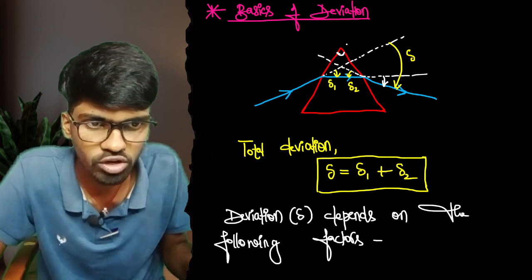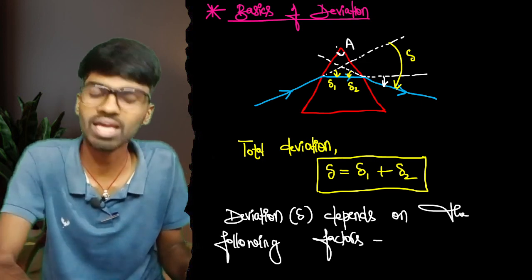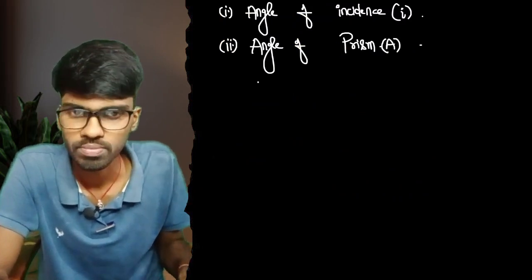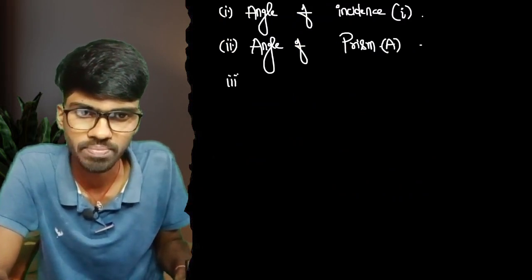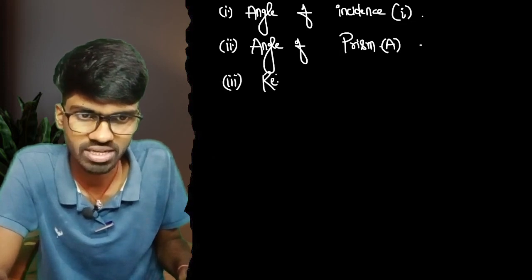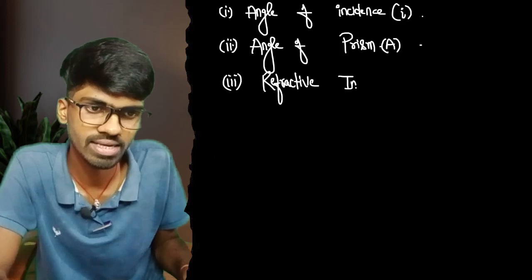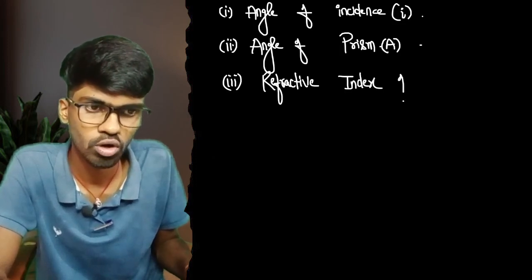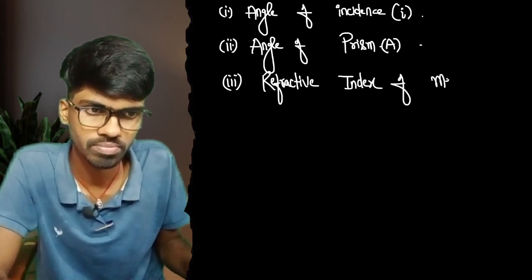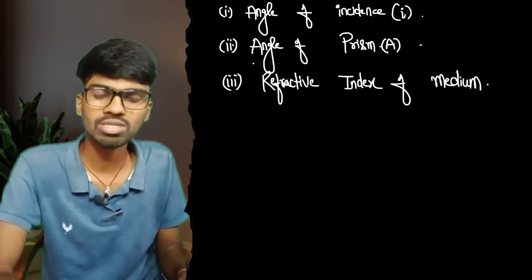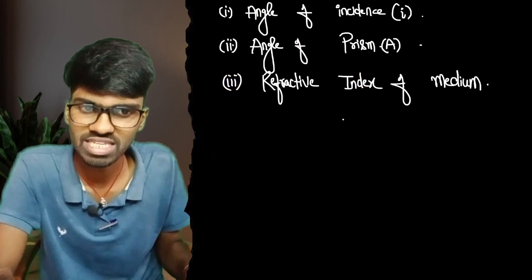This is the angle of prism and we name it angle A. And the third is refractive index of medium. Prism, you can also say medium in this situation. So the deviation depends on this factor.